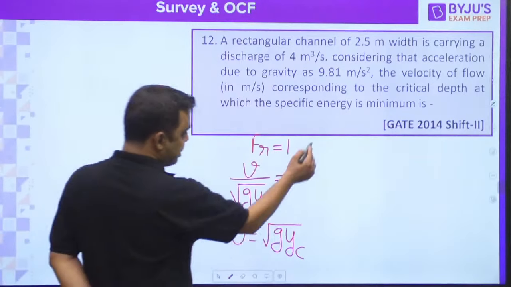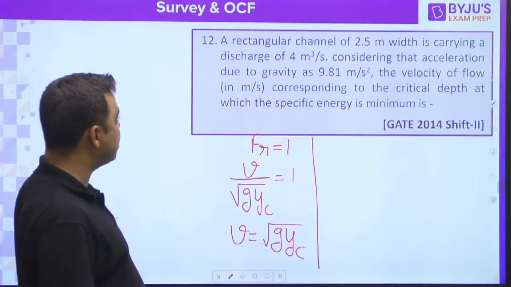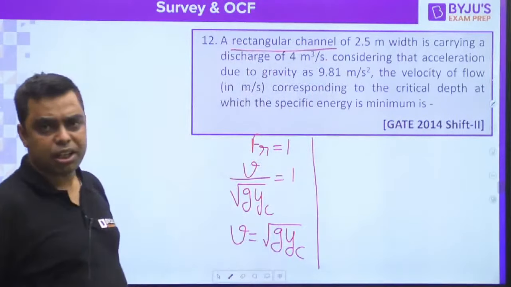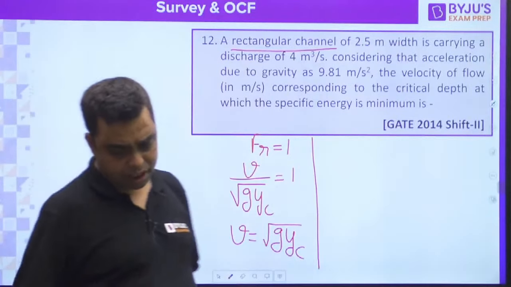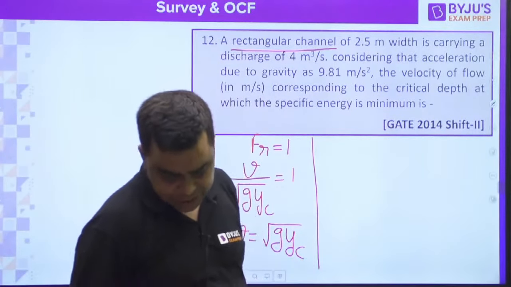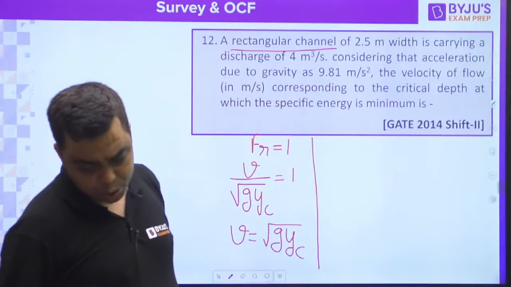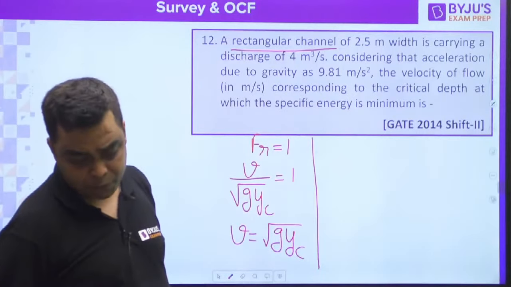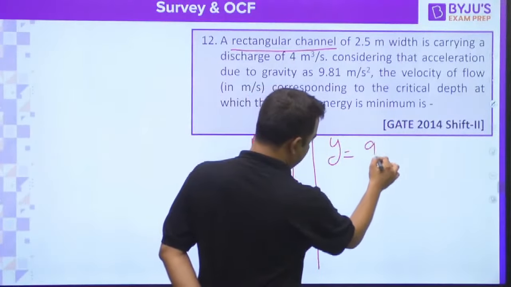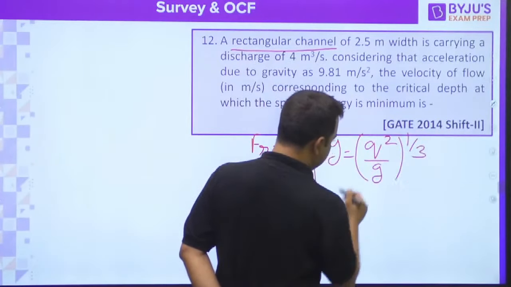So guys, it is mentioned over here that the channel is rectangular. Santanuji has given the answer 2.504. Yes, that is absolutely right. At first, we need to determine the critical depth of flow, yc, which is (small q square by g) whole to the power of 1 by 3.